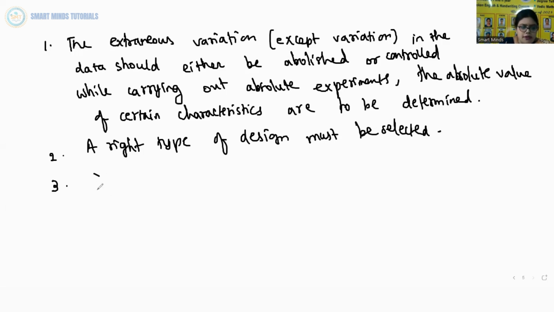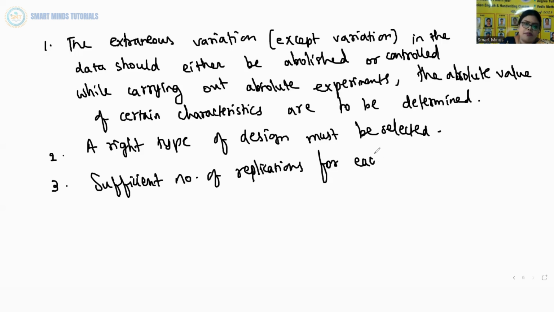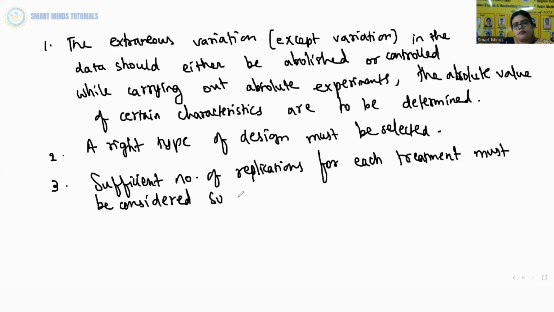Then the third point is sufficient number of replications for each treatment must be considered so as to generate suitable inference.